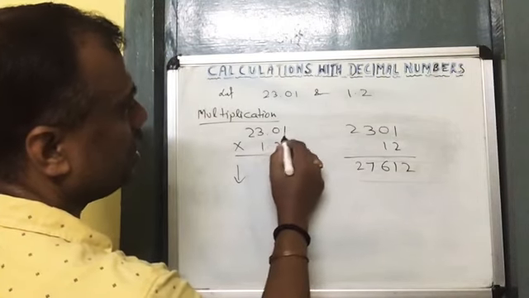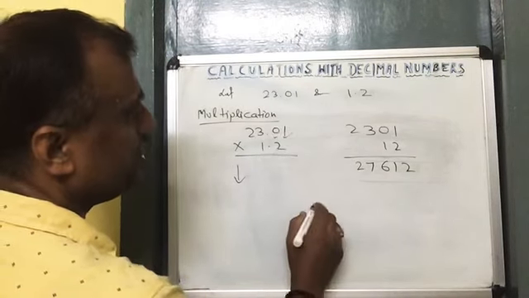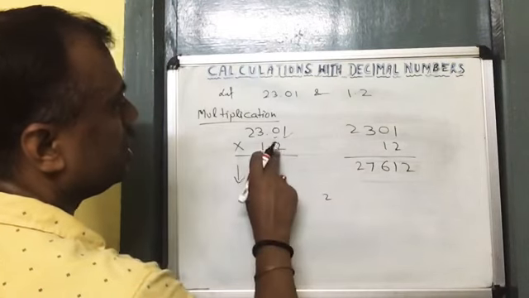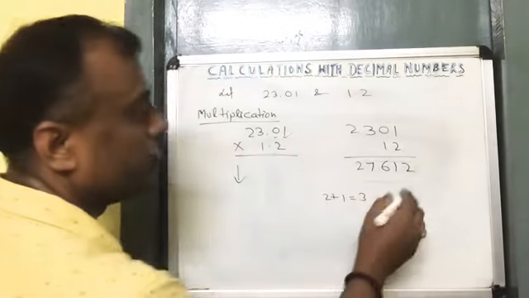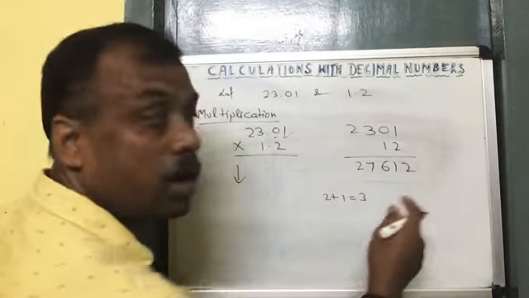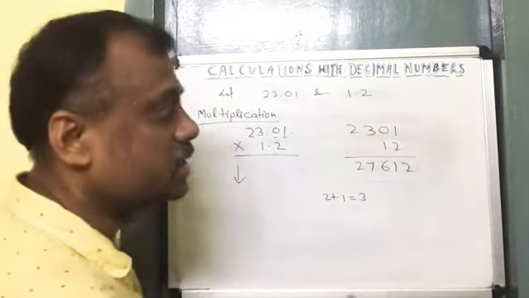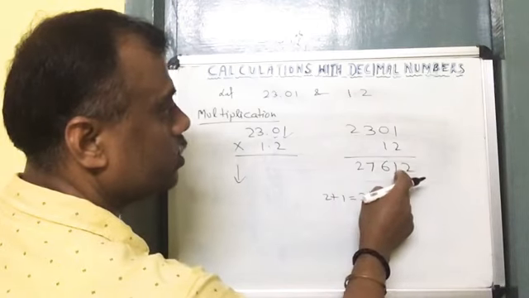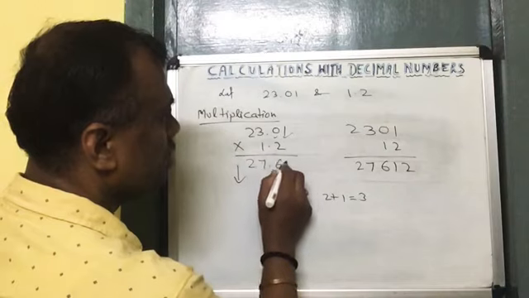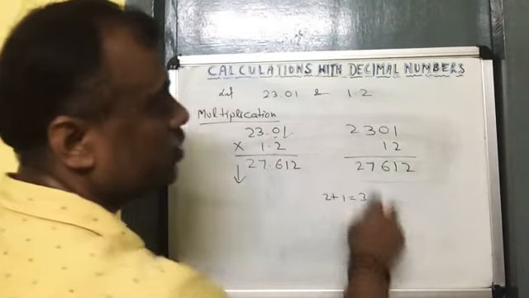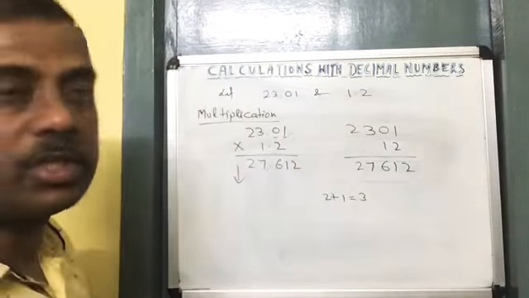Here after 2 places, and here after 1 place. So 2 plus 1 is 3. So we will put the decimal after 3 places. Always we count from the right side, the unit place. 1, 2, 3. So its answer will be 27.612.